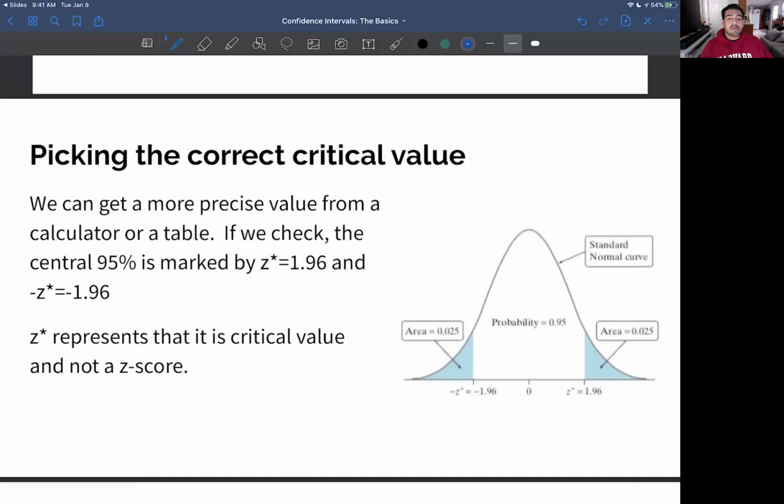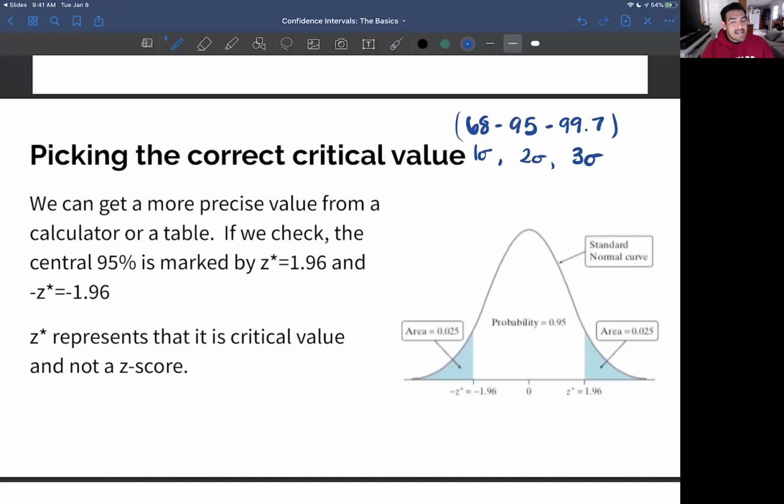We can get more precise values from a calculator or a table, but if we check the central 95%, we can see that it's marked by a z-score of 1.96. Now, you remember before the empirical rule, 68, 95, and 99.7, all relating to 1 standard deviation, 2 standard deviations, and 3 standard deviations.